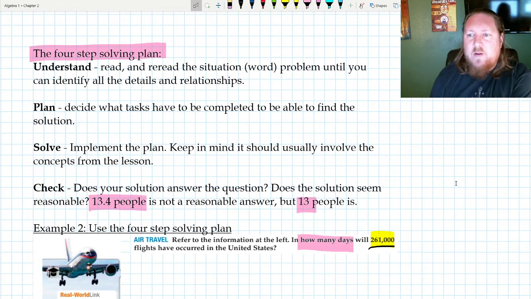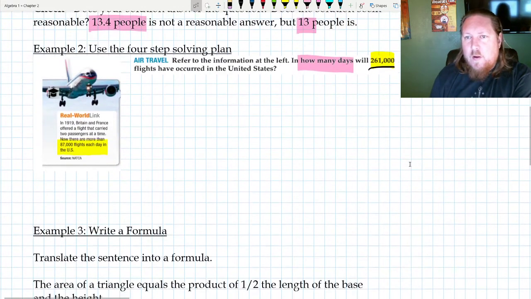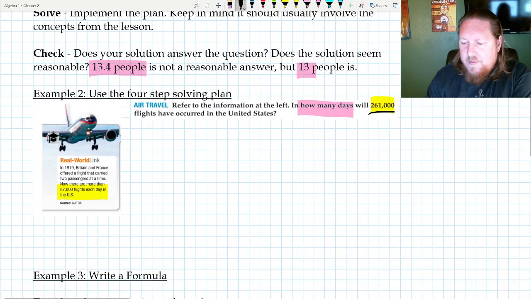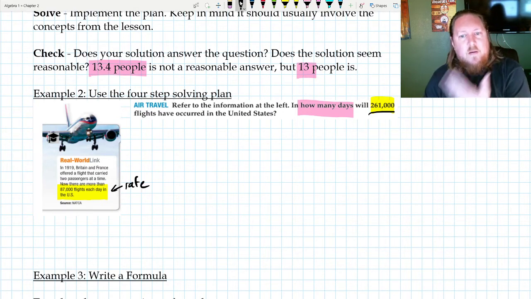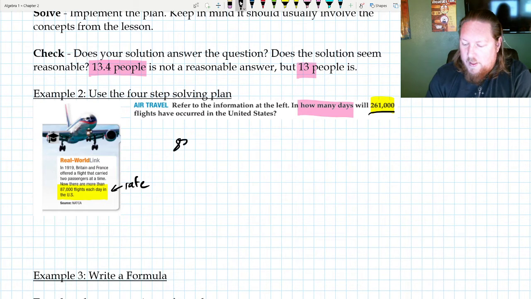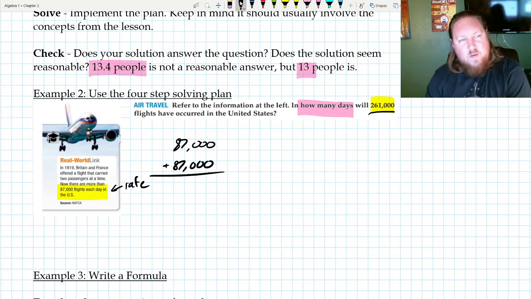Plan, decide what tasks have to be completed. Okay, so now we have to figure out what we need to do. What's happening with this kind of problem is you've got a rate, which is happening over here. It's telling you every day 87,000 flights are happening. So if I were to very basically look at it, one day, 87,000 flights. 2 days, I would just have to add them together, right? But this is old school.